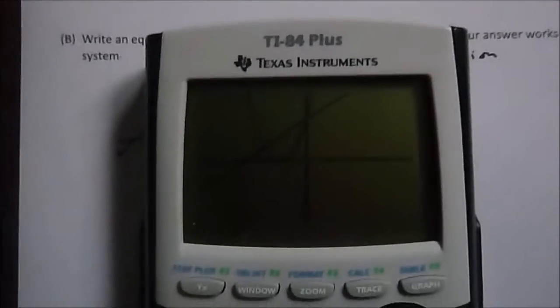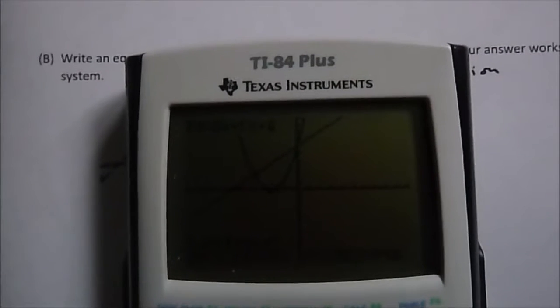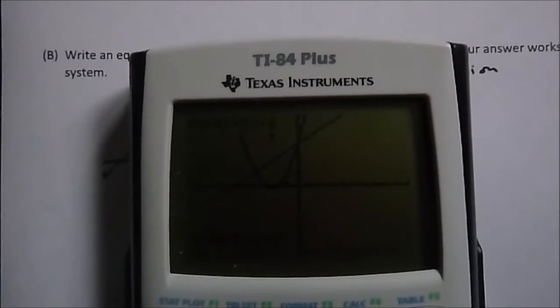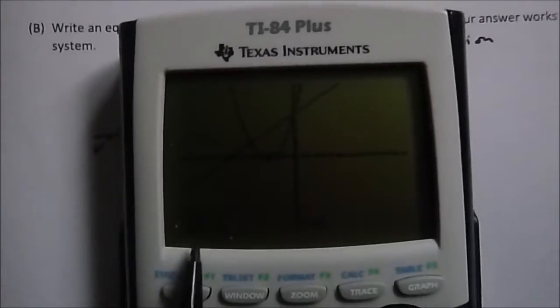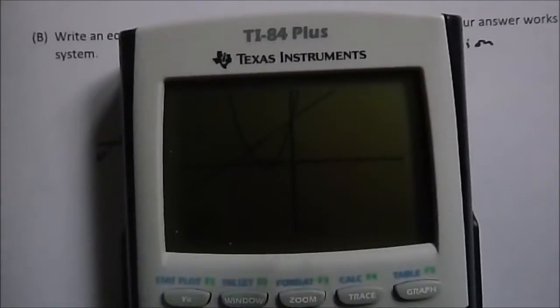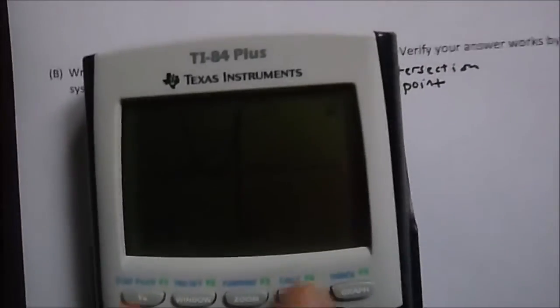I can use my calculator to find the zeros so that I make sure that I'm graphing in the right place. So you know how to find zeros on your calculator. I see that one of the zeros of this quadratic is at (-2, 0). So I'll graph that here. I can find my other value.